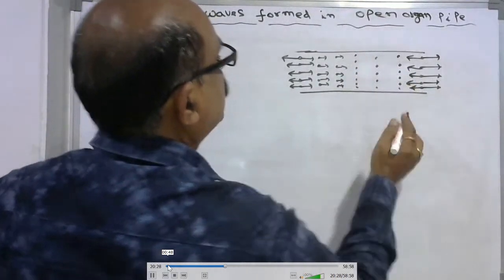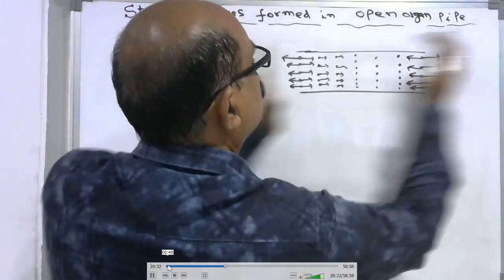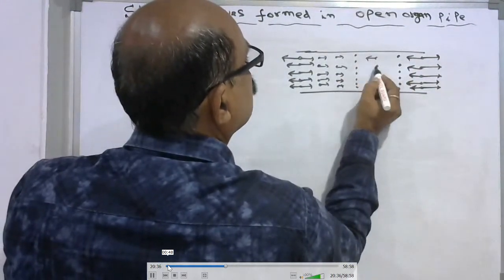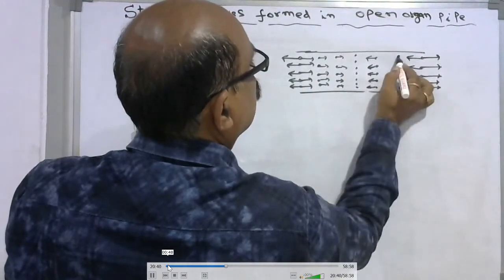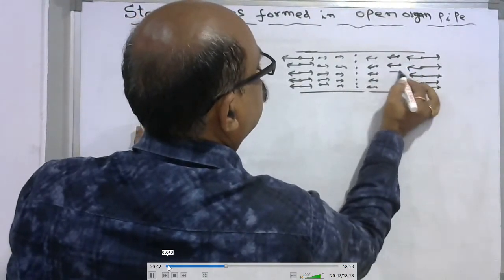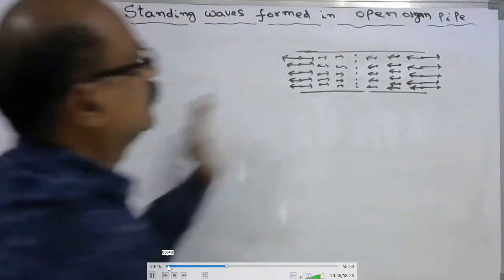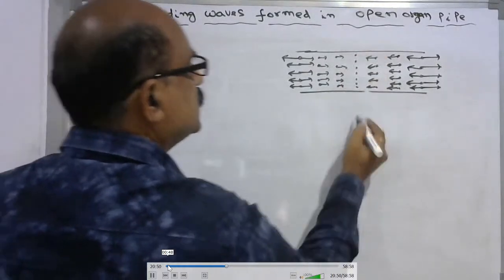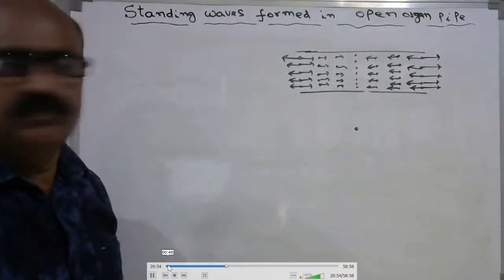And this is how, when these two move in opposite directions, when this is moving this way, this will come this way. This is how they move. So you can imagine this particular region is almost all a node.